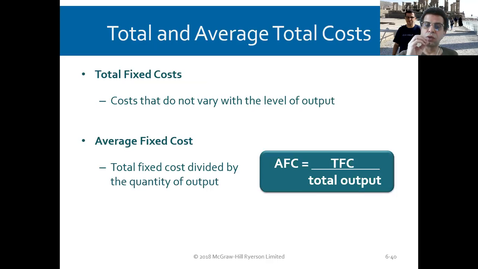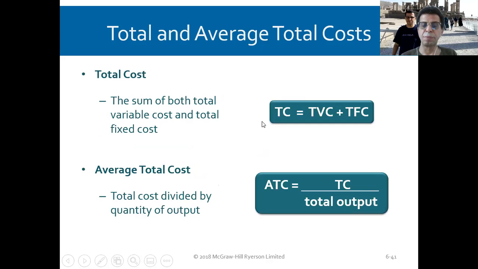So total fixed costs are costs that do not vary, like rent, costs that do not vary with the level of output. And we said the average fixed cost is the total fixed cost divided by the quantity of output, as you see in the formula here: AFC, average fixed cost, equals TFC, which is total fixed cost, over total output.